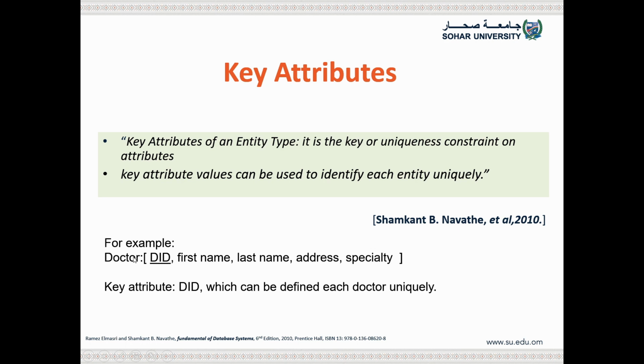For example, doctor ID, DID, first name, last name, address, specialty. Key attribute DID, Doctor ID, which can define each doctor uniquely. This is a grammatical mistake, and this is another grammatical mistake.